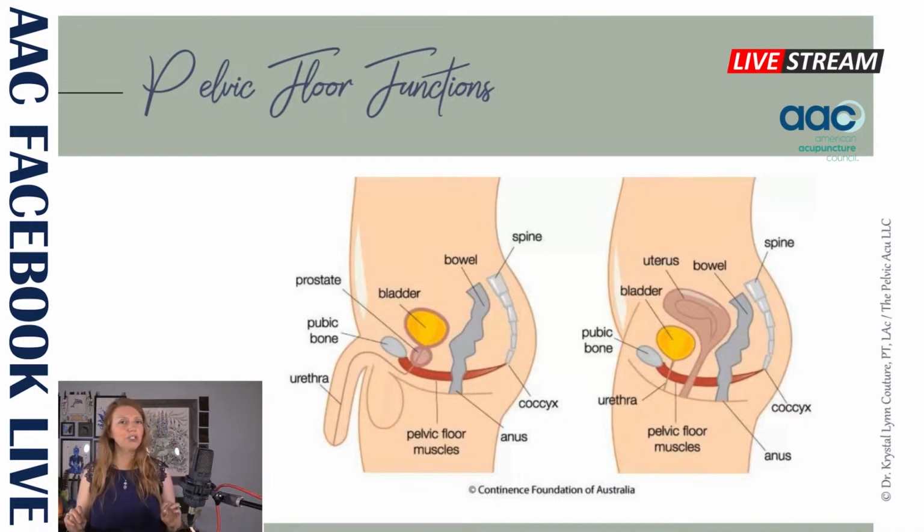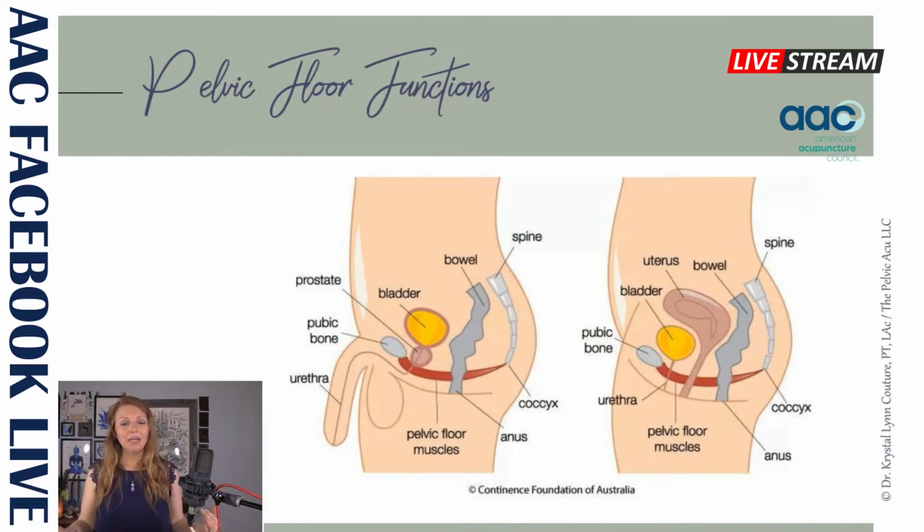So here's a quick image so that you can just orient yourself to the openings anatomy. We can see on the left, we have the male image. On the right, we have the female image. Left to right, we have the pubic bone to the tailbone. In between the pubic bone and the tailbone, guess what? We've got the pelvic floor.